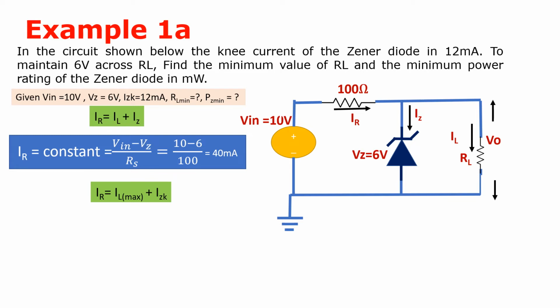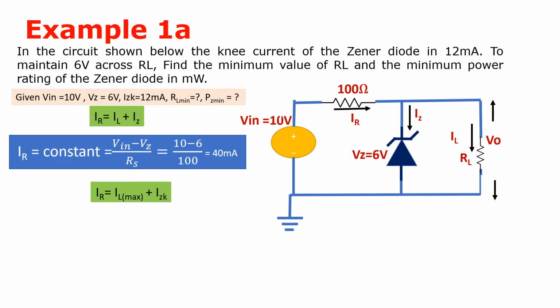Because this IR is constant, the current flow will be balanced between the two branches, meaning if in one branch the current is increasing, the other branch current will decrease. So here if a minimum current is flowing through the Zener diode, a maximum current will flow through the load resistor. So here I am writing IL max.